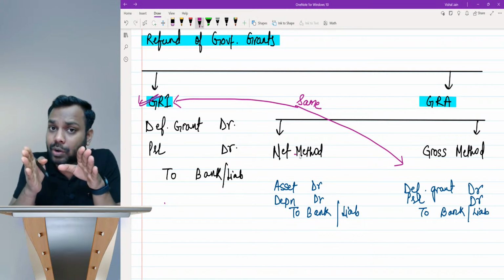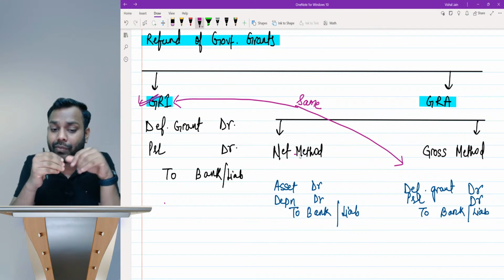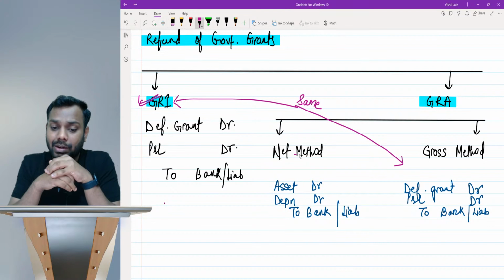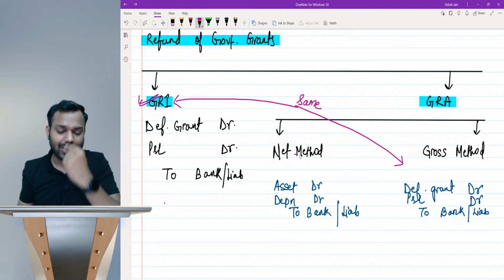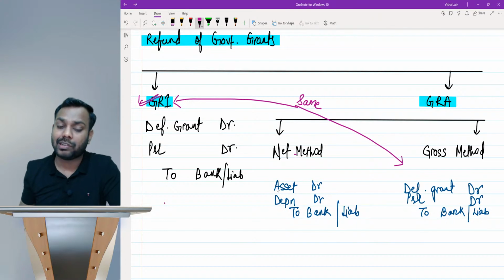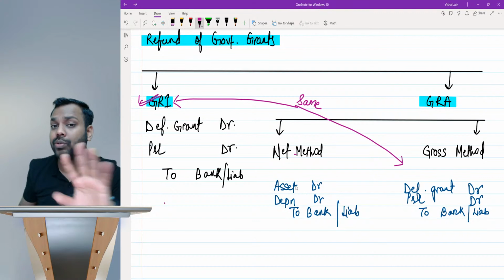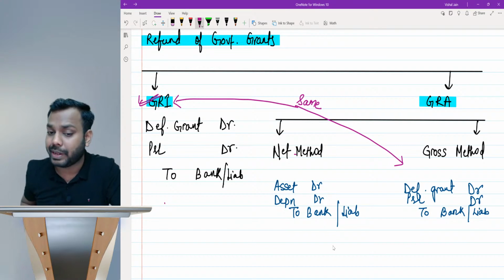The balance which we have adjusted in the asset account, first we'll reverse that, and whatever depreciation we have charged, we will reverse that, and then we'll pay the bank or the liability, same thing, right? Whatever is the amount to be paid, whatever is adjusted from the asset account, and whatever depreciation is charged on that asset pertaining to that adjustment, we will adjust it from here and then we will record it. Is that clear, everyone?